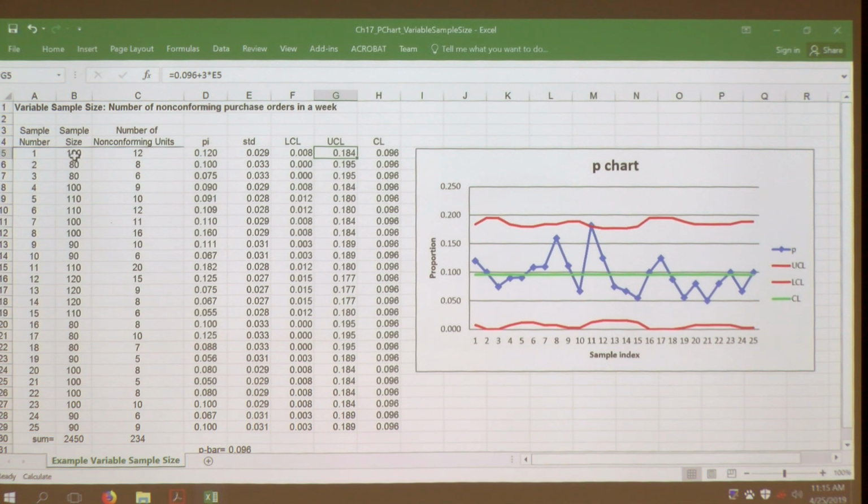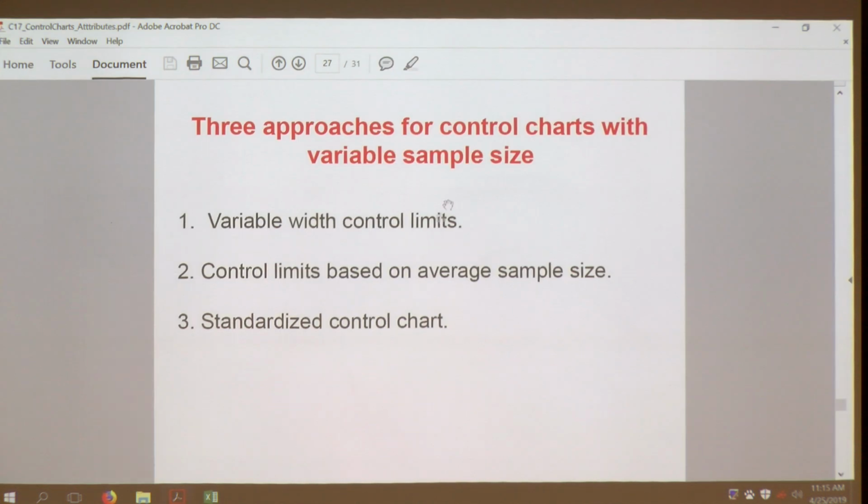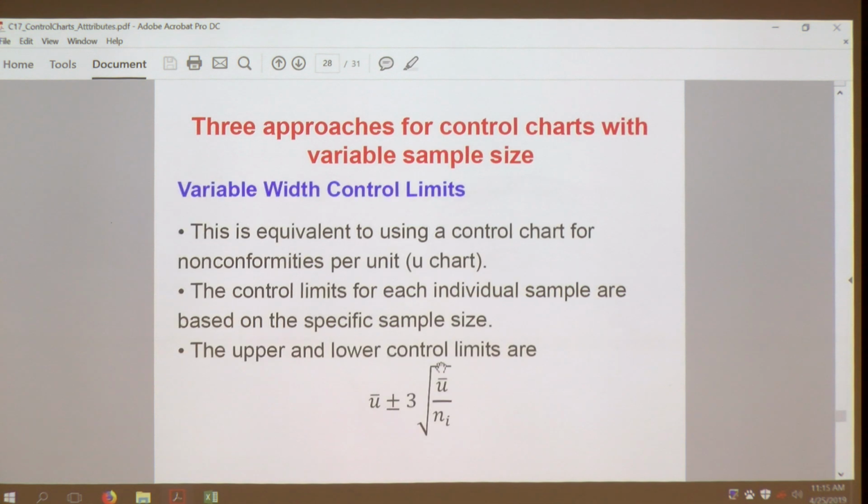And you can also do the average of all your sample size, and then use that calculated standard deviation. Then you still got a constant control limits. Or we can do a standardized control limit control chart. Now let's talk about each one of them.